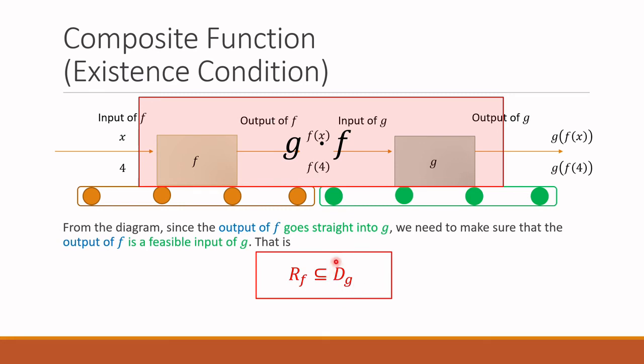It is a subset of the domain. Remember, the domain is the set collecting all the feasible inputs. So I need to make sure that it is a subset so that f can be inserted into the machine g. Remember, this is the condition for a composite function to exist: for gf to exist, you need the range of f to be a subset of the domain of g.